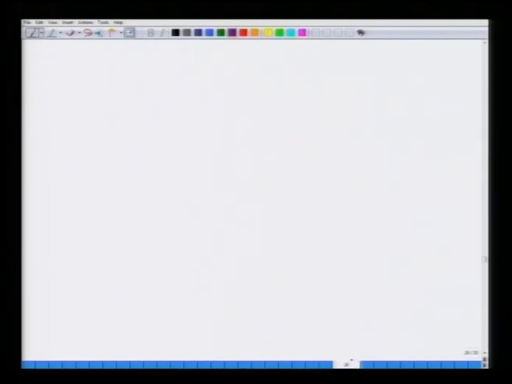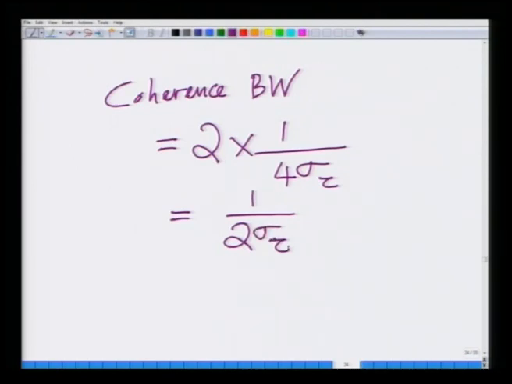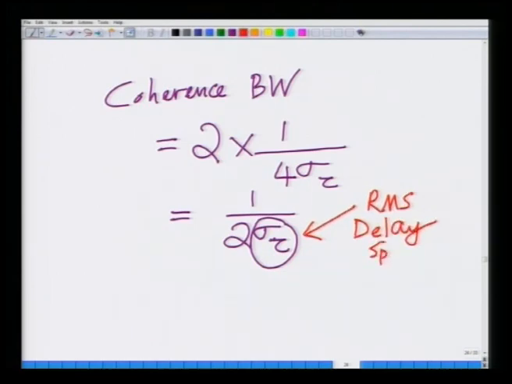Hence, the coherence bandwidth is nothing but twice this frequency of significant change, which is twice 1 over 4 sigma tau, which is essentially 1 over 2 sigma tau, where sigma tau is the RMS delay spread.